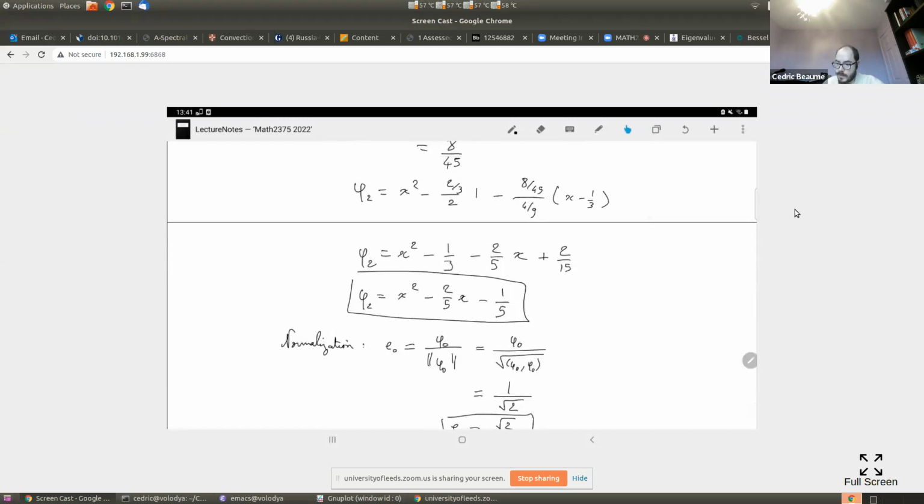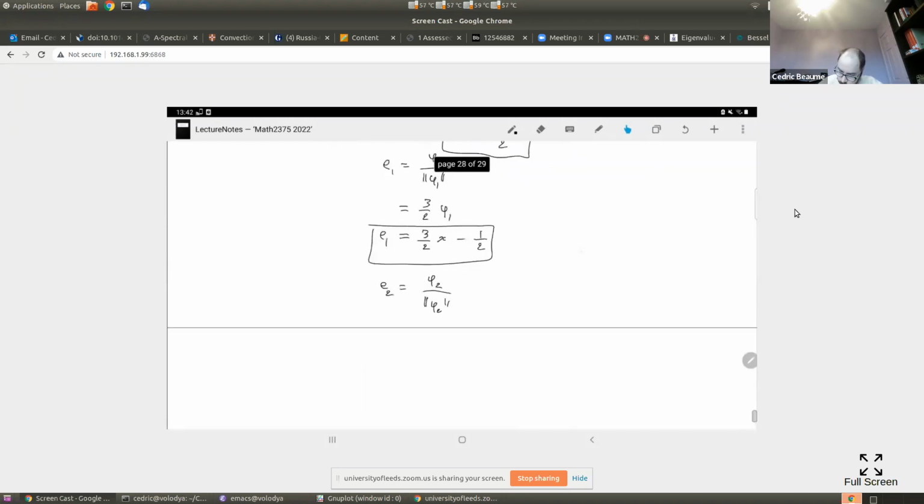So we need to calculate it. Okay. So given the time, I'm not sure it's a very good use of my time, but phi2 was x squared minus 2/5 of x plus 1/5.